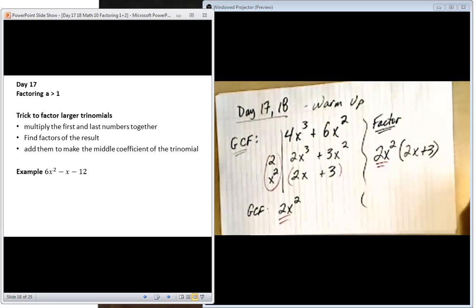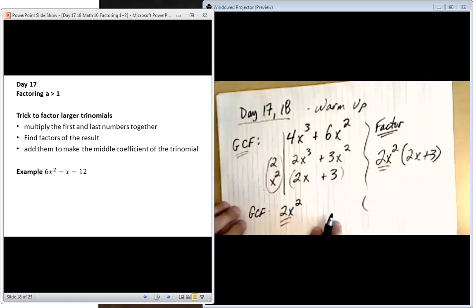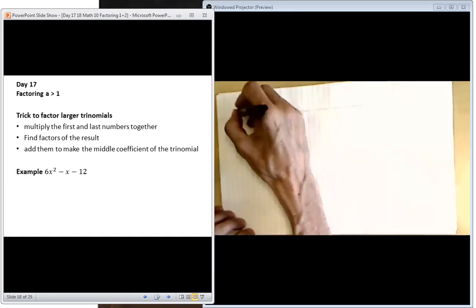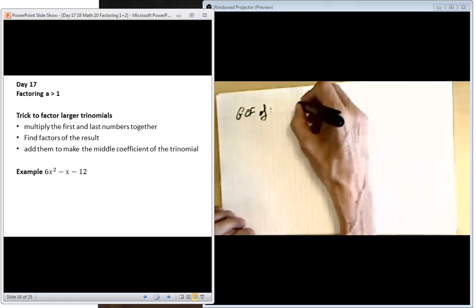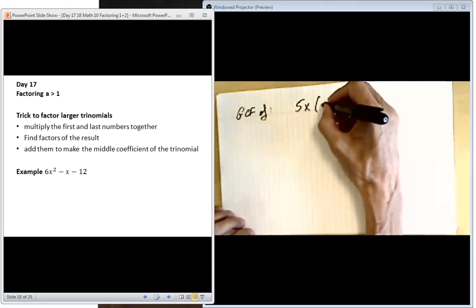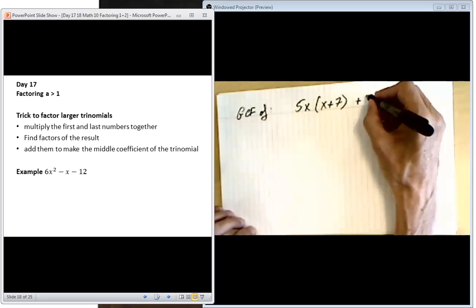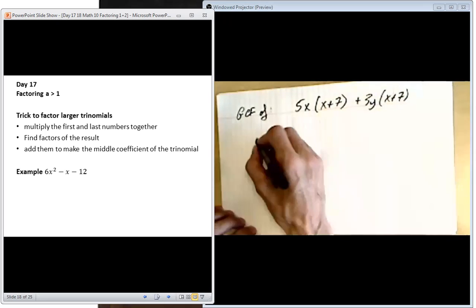Okay, so I'm going to give a second example with GCF. It's going to look like this. Remember, GCF can be something nice there, right? 5x times x plus 7 plus 3y times x plus 7, like that.